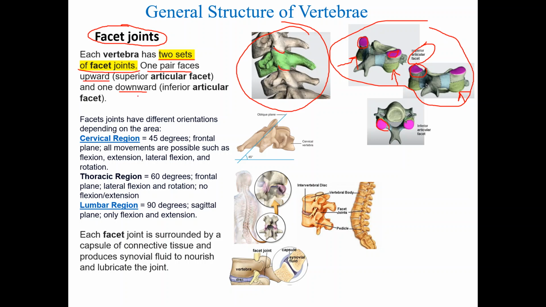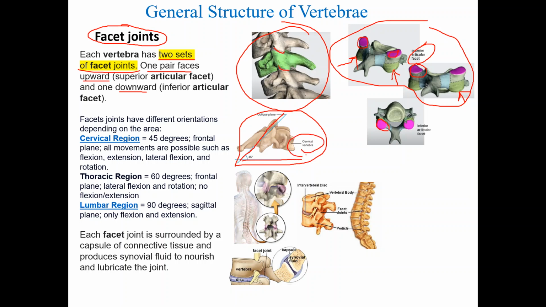And when we look at the different regions of the vertebral column, we have to make a distinction because in different regions, we can recognize that the orientation of these facets is different. For instance, in the cervical region, these facets are oriented at a 45-degree angle. You see that very well here.